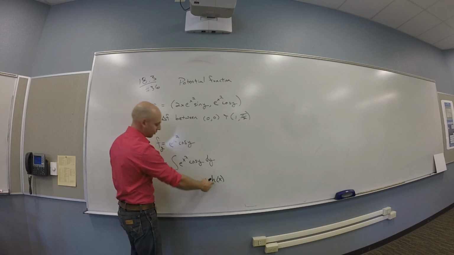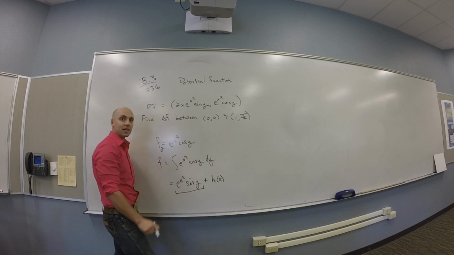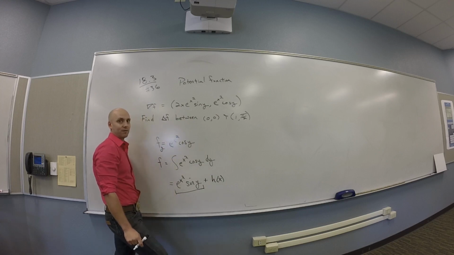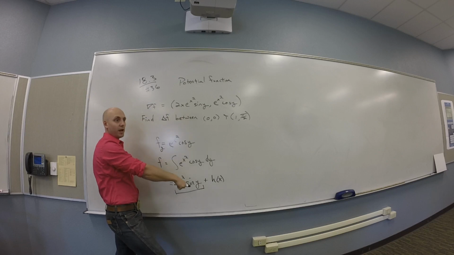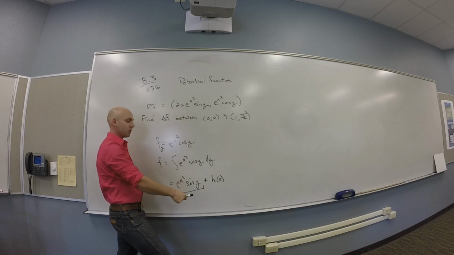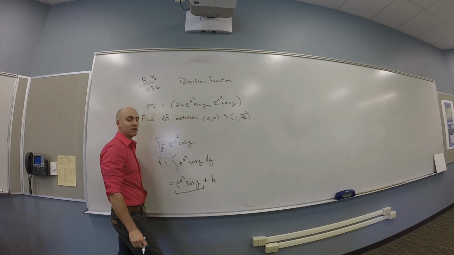The reason I don't have to here is that if I differentiate this stuff with respect to x, what do I get? I get the i component of this thing they told me was a gradient vector. So h prime is 0. Which tells me this thing doesn't depend on x, it's an honest constant.